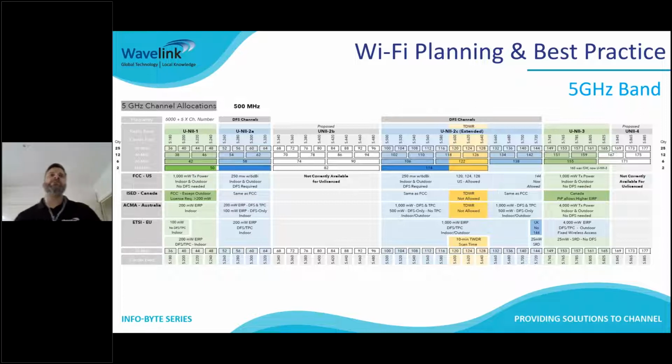I would rather have 20 megahertz wide channels and have the devices connect at a fast data rate and share the bandwidth in a more efficient way with the clients on the network, than try and give them a faster pipe but less capability of using it. So channel bonding, yes, very cool in what it can do, but to be used sparingly and always assessed on its merits for the customer solution that this is being put into as well.